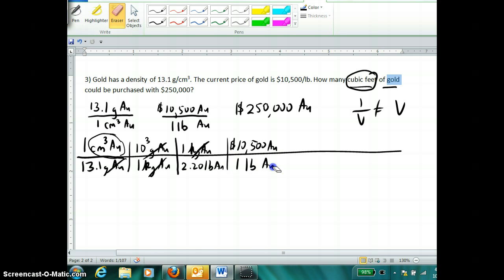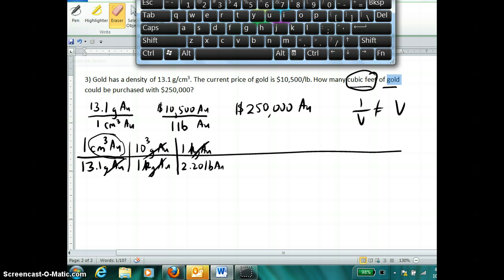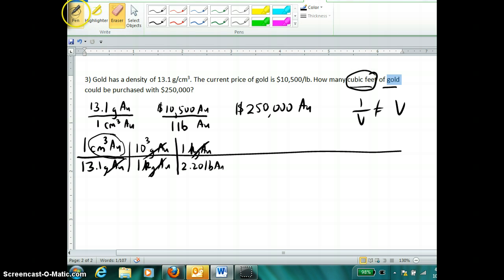Now I want to cancel the pounds of gold with pounds of gold. And the only way I can cancel pounds of gold with those pounds of gold would be to invert this ratio, flip it upside down. 1 pound of gold equals $10,500.